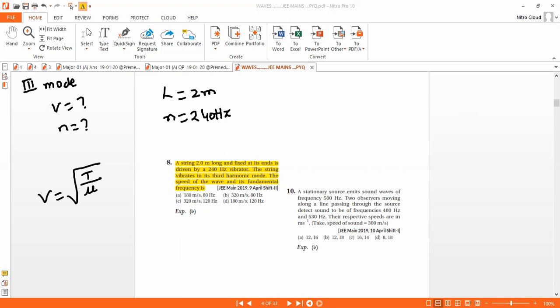Now observe carefully. String 2 meter long, fixed at its ends, means is it closed end or open end? Closed end. So frequency I can write as 1 by 2L times under root T by mu.